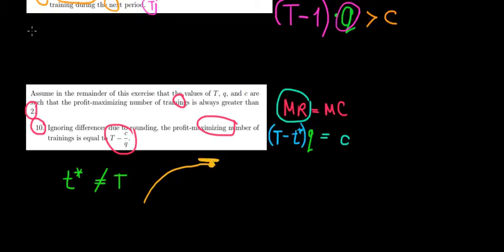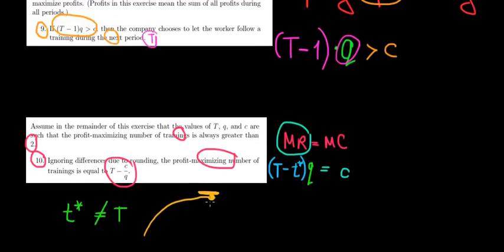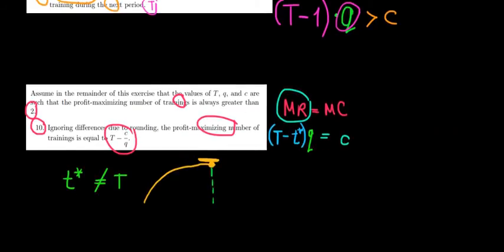We trained him enough, and we'll find the value of optimal trainings. Whatever is left between the optimal number of trainings until he retires, that worker will still bring us marginal productivity, because he's already at a skill level that gives to the company extra productivity Q. So this quantity will carry along until he retires.